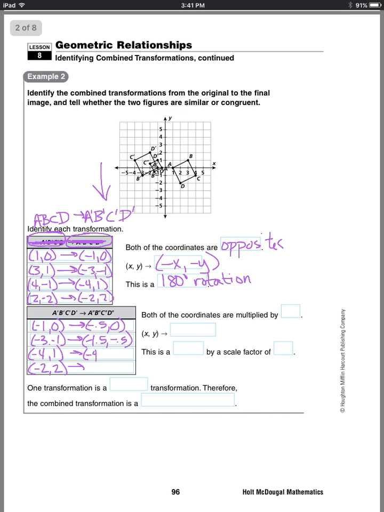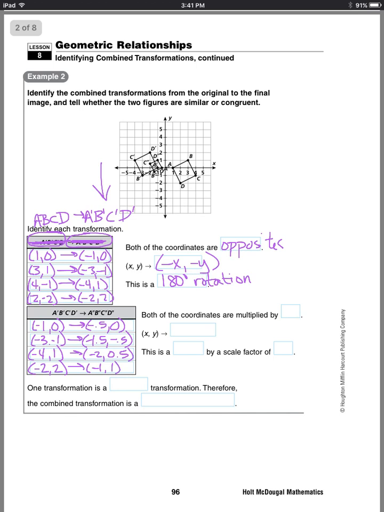Just kidding, I messed that up. It is negative 2, 0.5, and D double prime is negative 1, 1. That was hard to see with that little teeny tiny picture.